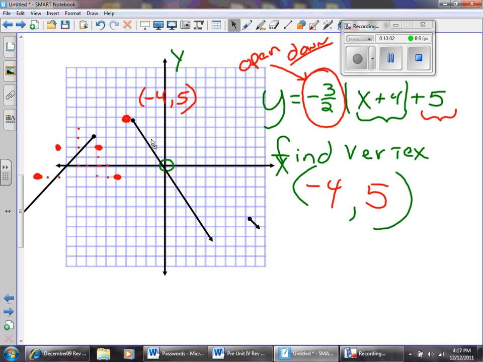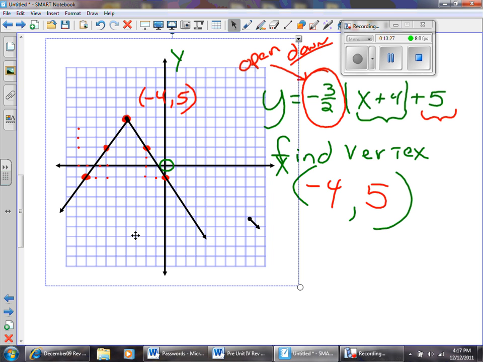And I think this one's okay as is, but we'll double check. 1, 2, 3, 1, 2. I like it. Okay. And then 1, 2, 3, 1, 2. There we go. Now I can get this one and make it look prettier. And there it is. All right, there's my absolute value graph.